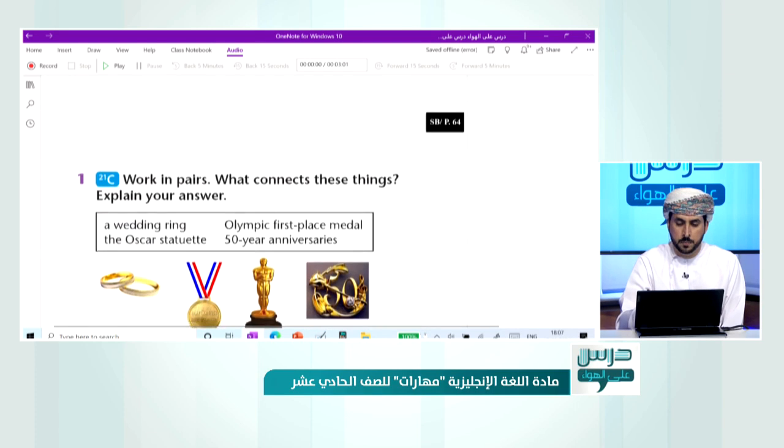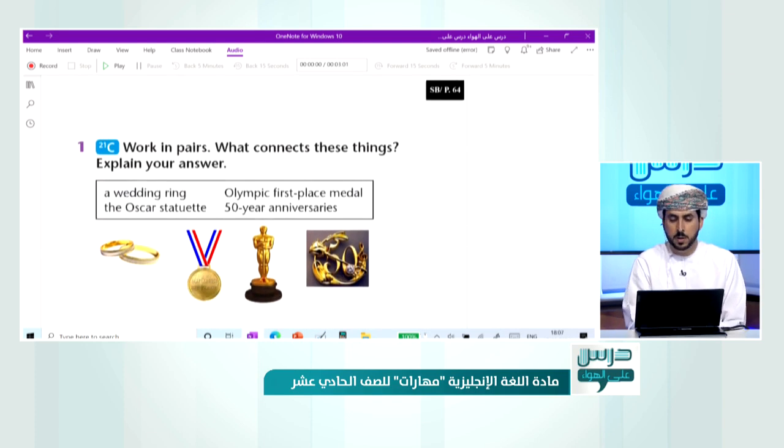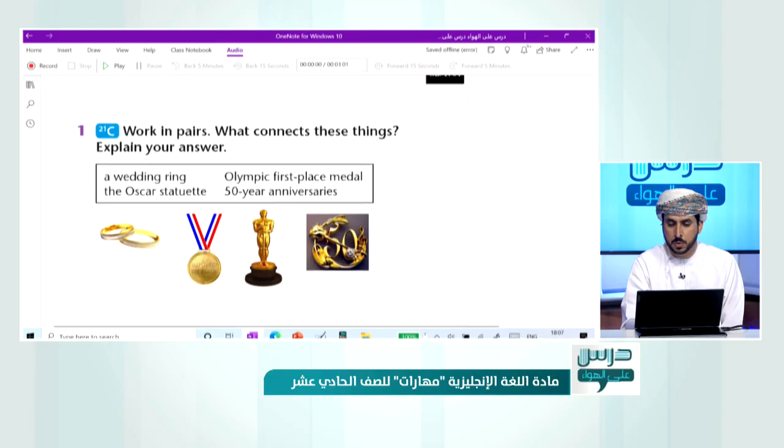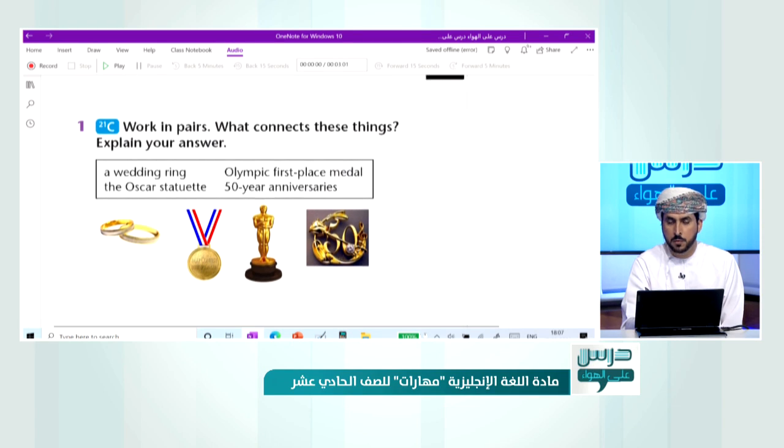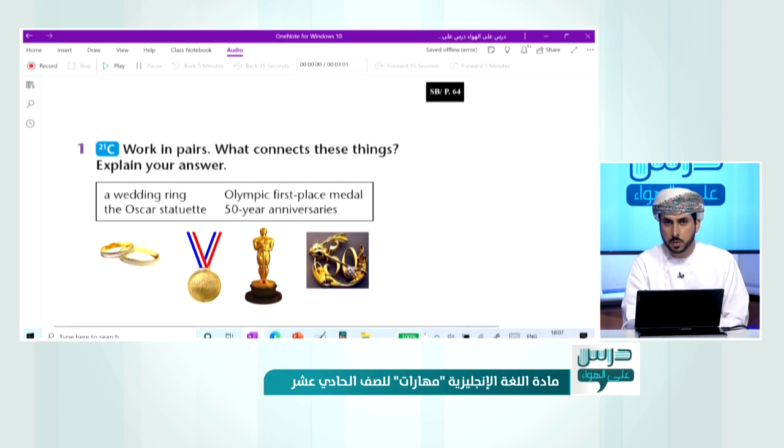And also here, before we go on and start reading the second text, as I mentioned, we need to answer this question in order to make it clear for you and to guess the title of the reading text that we are going to hear and read.